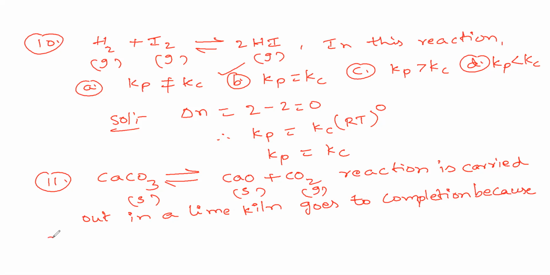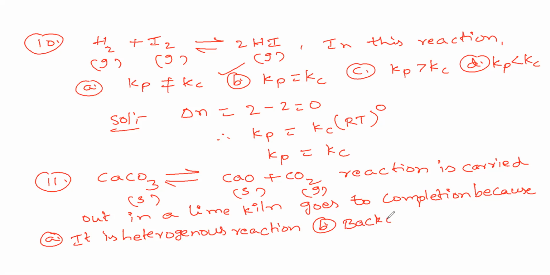Option A, it is a heterogeneous reaction. Option B, backward reaction is very slow.